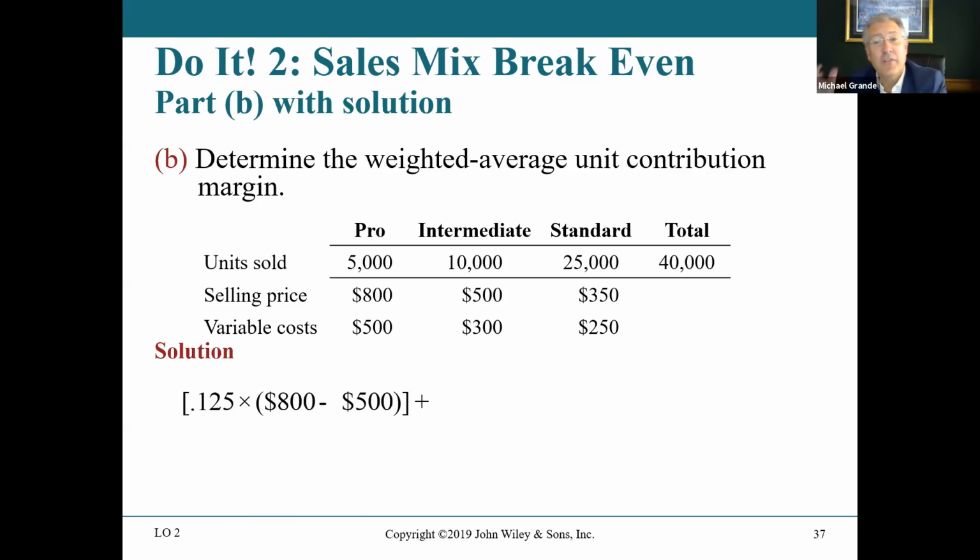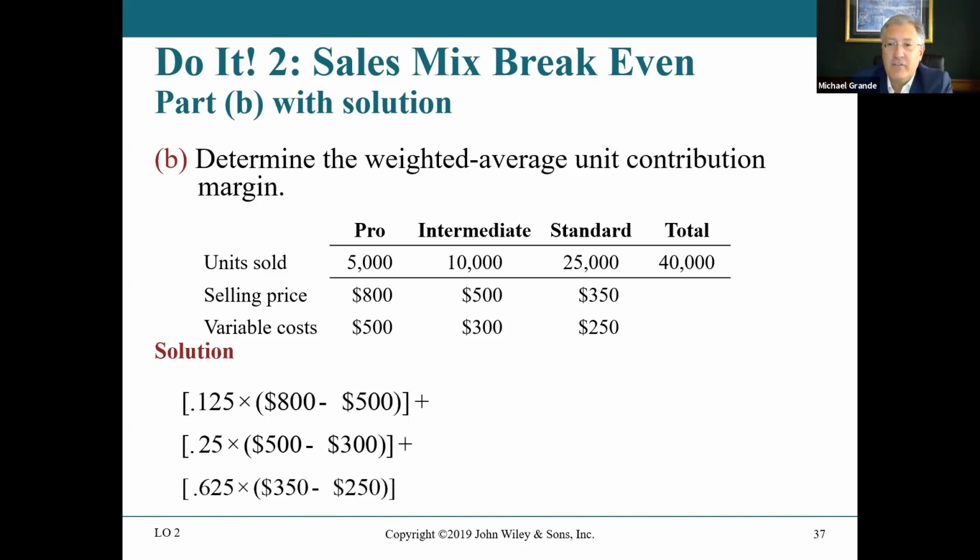You start with the relative sales percentage, for this case the Pro at 12.5%, multiplied times their contribution margin, which is $300. Do the same thing for Intermediate, the same thing for the Standard. Their weighted average contribution margin per unit is $150.